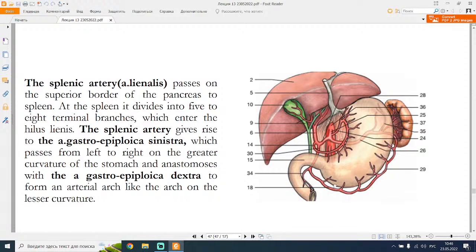The gastroepiploica sinistra and dextra form an arterial arch like the arch on the lesser curvature between arteria gastrica sinistra and arteria gastrica dextra, which lie on the lesser curvature of the stomach. This is the anastomosis between arteria gastroepiploica dextra and sinistra.